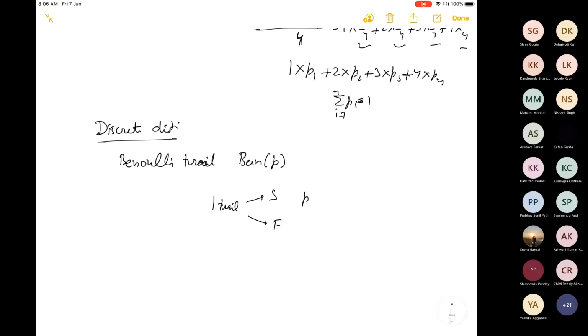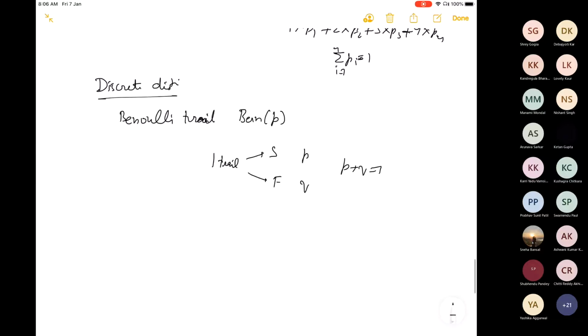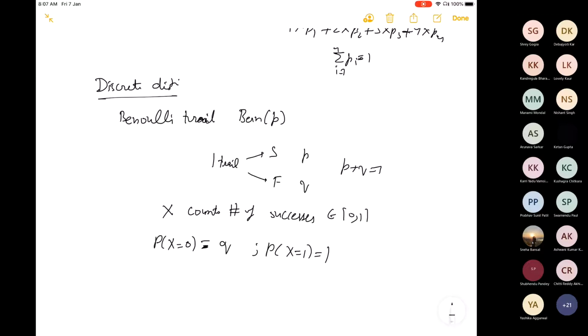Probability of success is P. Probability of failure is Q, such that P plus Q is 1. X counts the number of successes, so X can take value 0 and 1. Probability X equal to 0 is Q. Probability X equal to 1 is P.